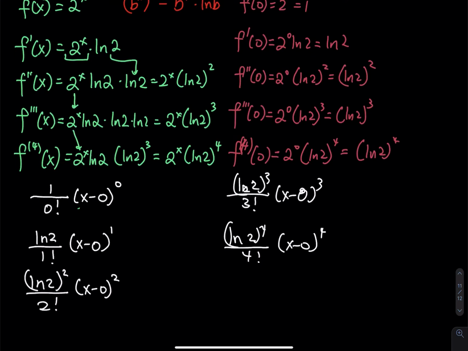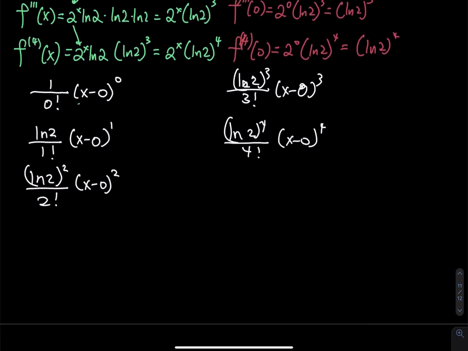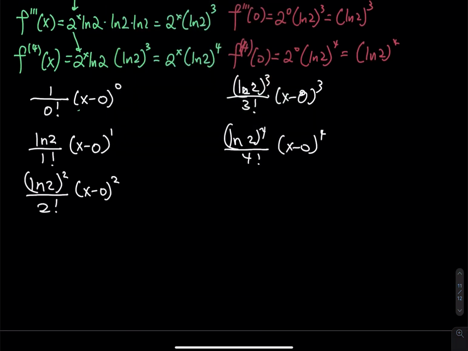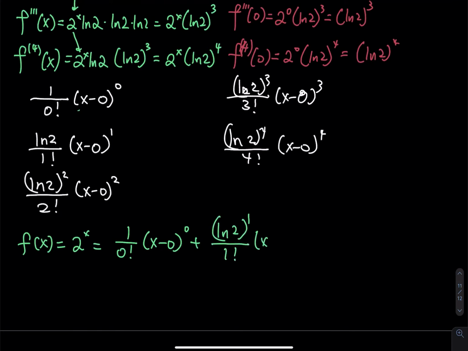Okay, so this will be equal to, you know what, I will just write the function f of x that is equal to 2 to the x, which is equal to the first term, 1 divided by 0 factorial x minus 0, and then plus ln2 raised to the first divided by 1 factorial x minus 0 to the first, and then plus ln2 squared. I don't think we need to write the minus 0.